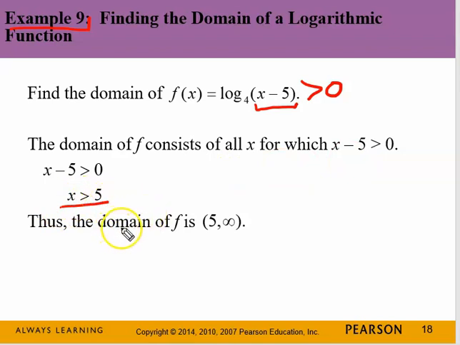So when we think of the domain, it's going to be a parenthesis. 5 is not included. 5 will be your vertical asymptote, so to speak, and then it goes to positive infinity.